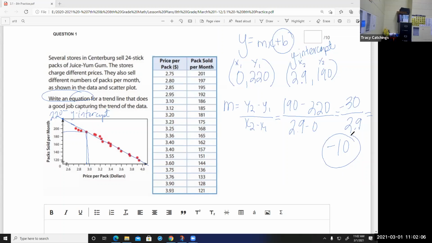So we found the slope, we found our y-intercept. What's our equation? All right, that's the y. What's the slope?